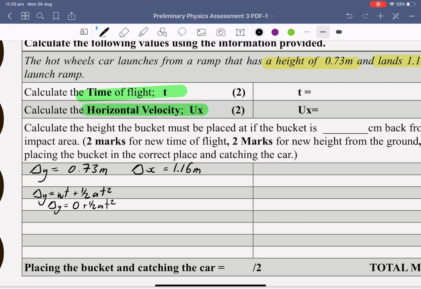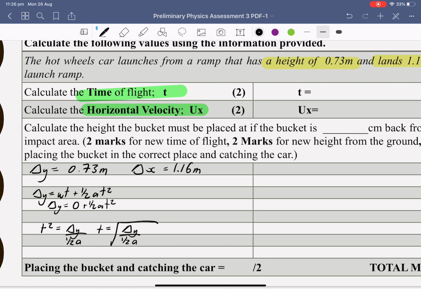Now we can rearrange this equation to get T squared equals delta Y divided by a half A. That then becomes T equals the square root of delta Y over a half A.